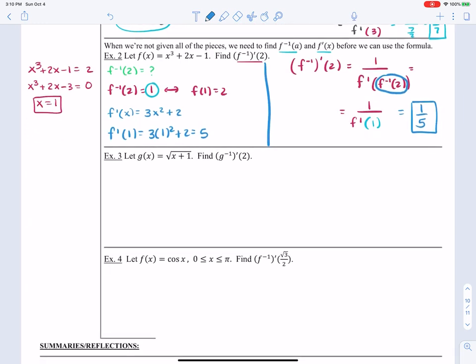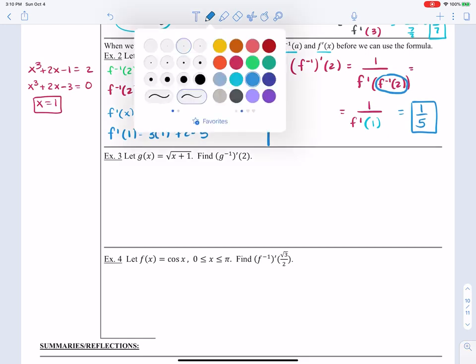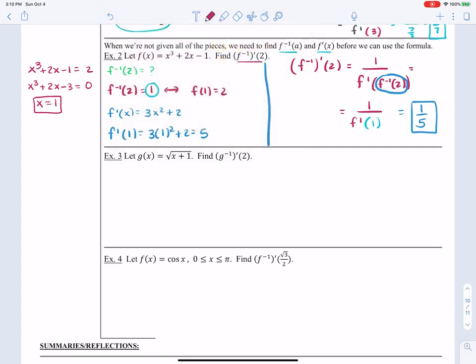So g of x is equal to the square root of x plus 1. I want to find g inverse prime of 2. So start with your formula. G inverse prime of 2 is going to be 1 over g prime of g inverse of 2.